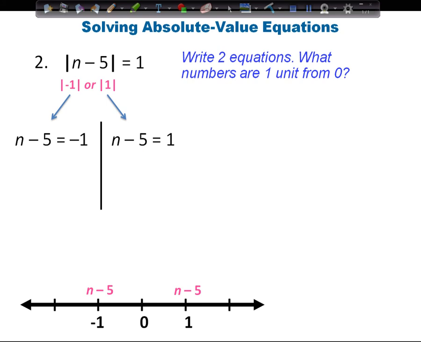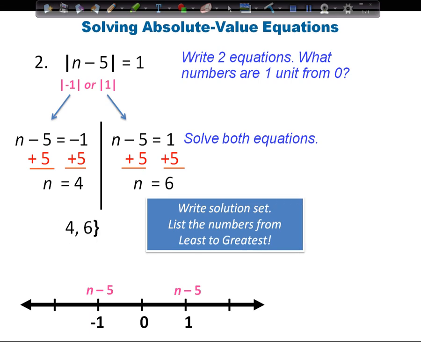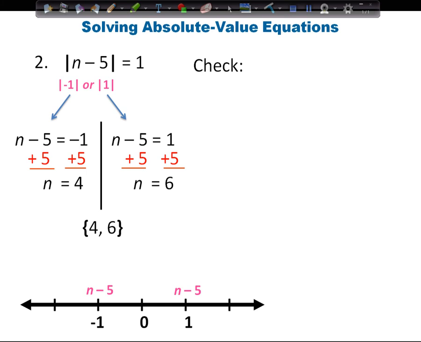We have to isolate our variables, so we're going to add 5 on both sides, which gives us n equals 4, and then on this side we're going to add 5 on both sides, which gives us n equals 6. We're going to write our answer in our braces in our solution set from least to greatest, so starting with 4 and then 6, because both 4 and 6 will make this sentence true. We're going to check just to make sure that we did that correctly.